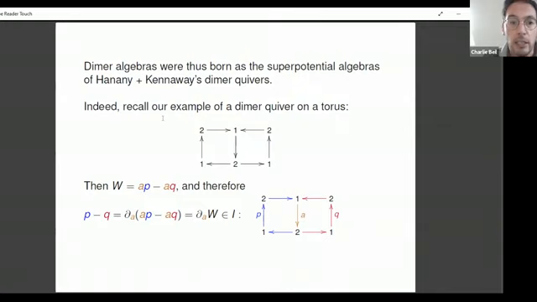And indeed, recall our example of a dimer quiver on a torus. Then here's the superpotential, and remember, it's just up to cyclic equivalence. So here are the 2 unit cycles up to cyclic equivalence. There's just 2. We can write these as PA and QA, and therefore the difference of the blue path and the purple path, P and Q, is just the partial derivative with respect to A of these 2 unit cycles, AP and AQ.